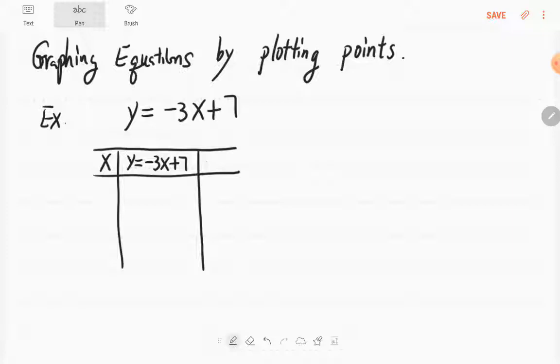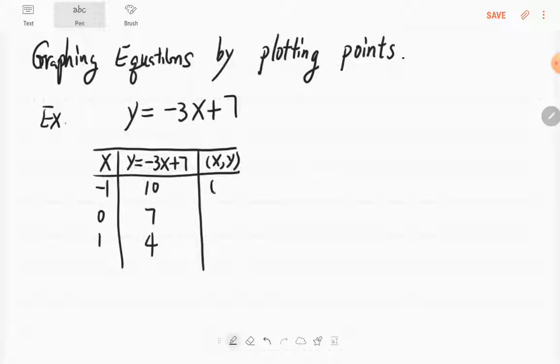And then we have the point corresponding to the sample point we are picking. For example, if we choose these 3 points, -1, 0, and 1, right? If you plug in -1, y equals 10. If you plug in 0, you have y equals 7. If you plug in 1, then y equals 4.